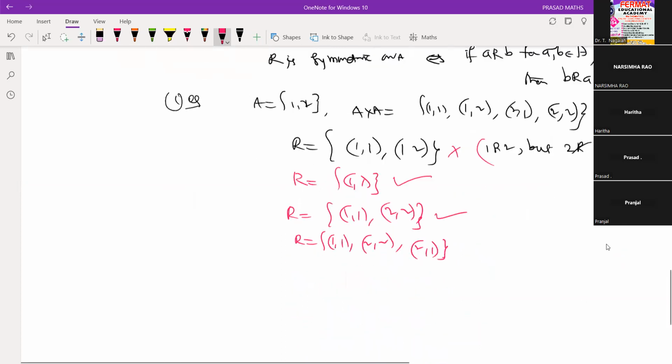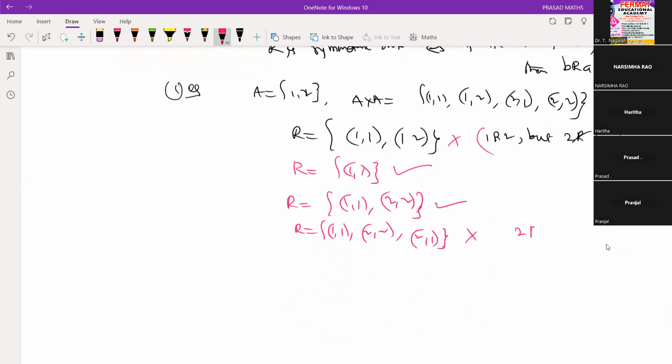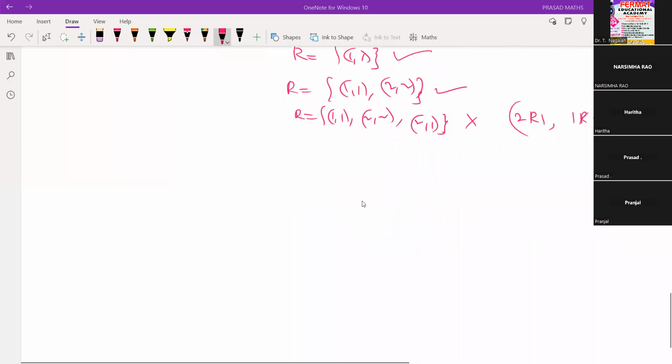Is it symmetric? No, not symmetric. Automatically B must be related to A. This is what symmetric actually is.